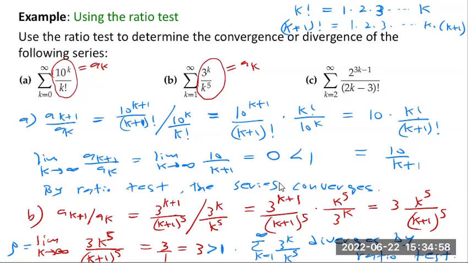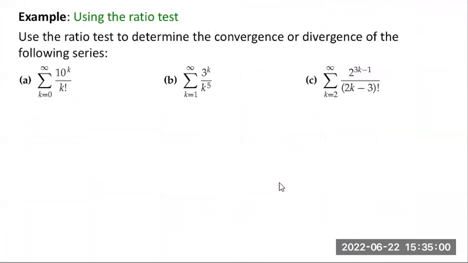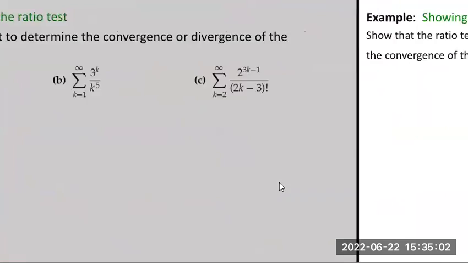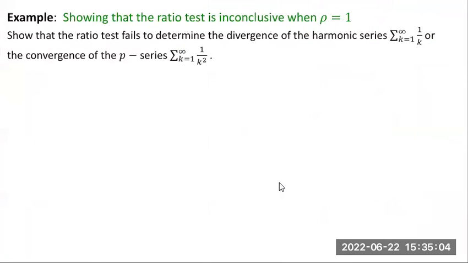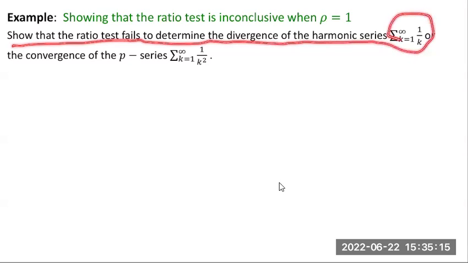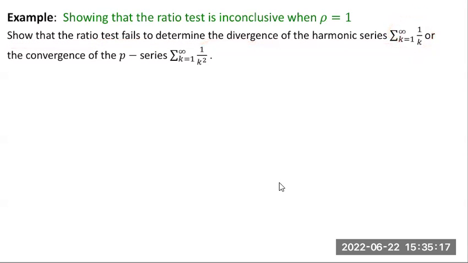All right, let's move on. Okay, the next example that I want to go over is this one. Show that the ratio test fails to determine the divergence of a harmonic series, this particular series, or the convergence of the p-series, the sum for k from 1 to infinity of 1 over k squared.